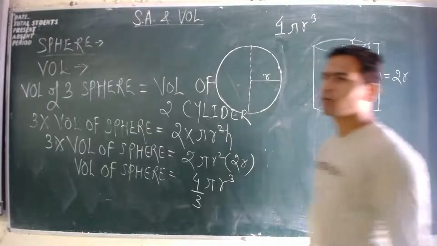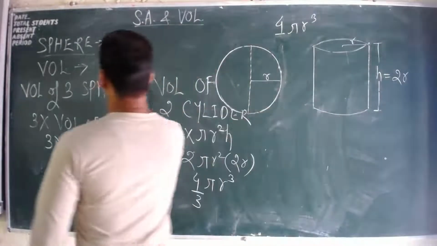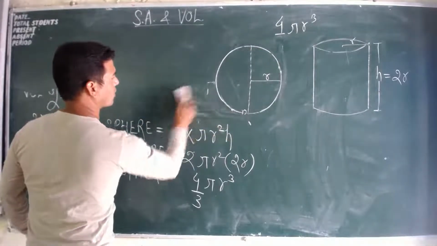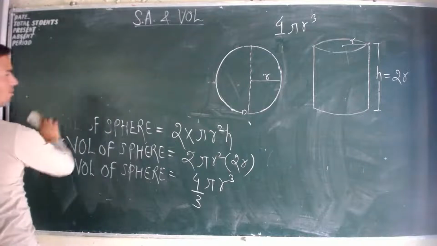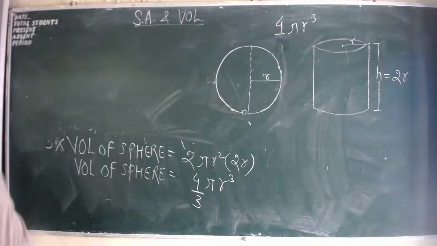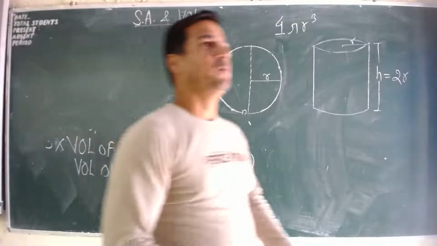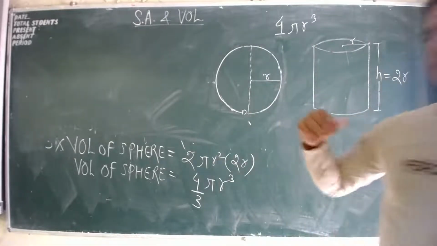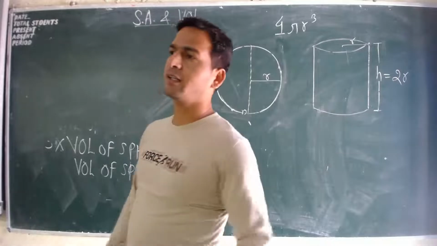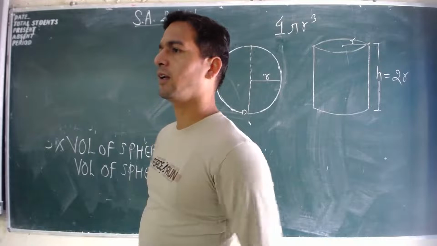Now coming to the next topic, hemisphere. But the proofs of the CSA of cone, the surface area of cylinder, the surface area of sphere, and the volume of sphere are all your lab activity.